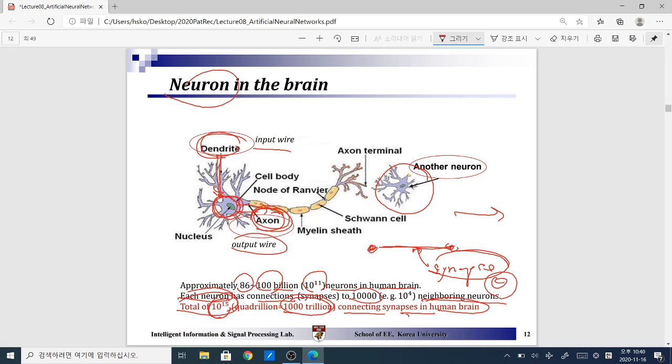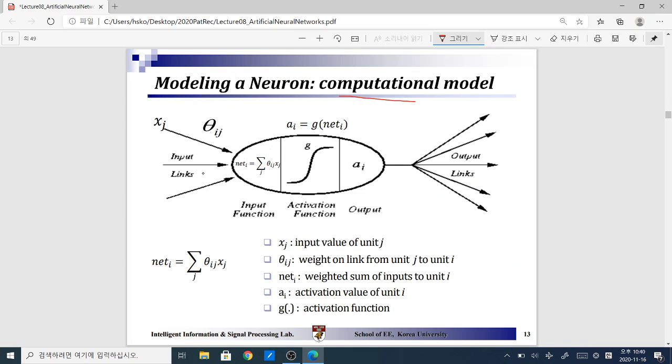Now, so that we could actually represent the entire neuron in the brain as a computational model. Let's say once again you have a neuron here with the nucleus. Inside this neuron you have essentially two major functions. One is to perform an aggregation, and the second is to perform a nonlinear mapping.